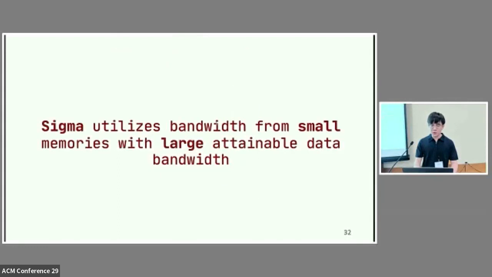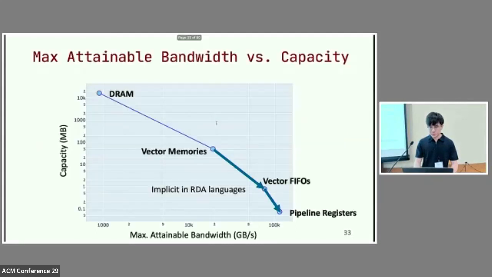In Sigma, we try to utilize bandwidth from small memories with large attainable data bandwidth to solve this issue. In Sigma, we mostly focus on data transfers from vector memories to vector FIFOs and from vector FIFOs to pipeline registers. The data transfers between these finer granularity memories are the first-class citizens for bandwidth utilization.